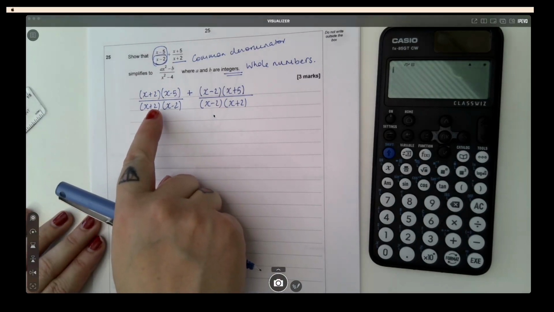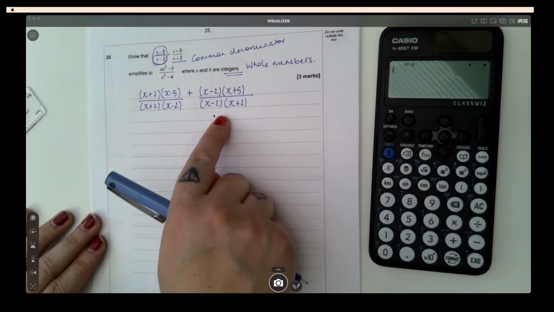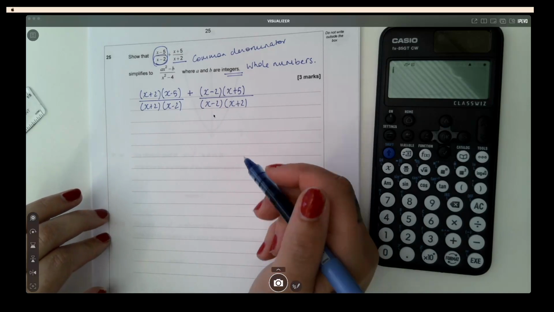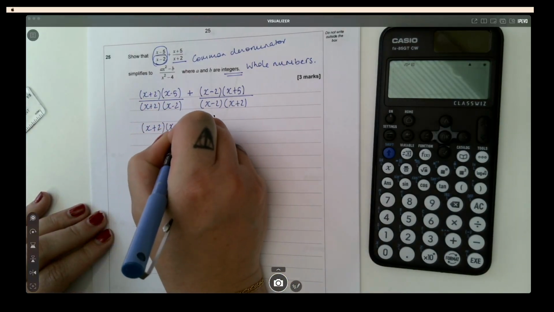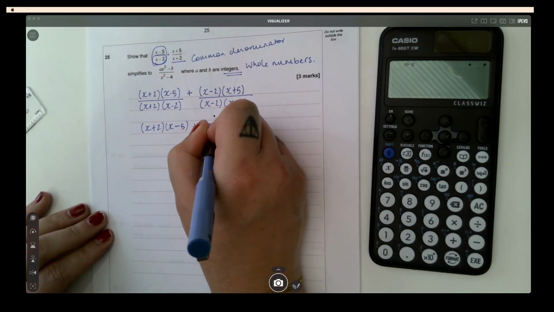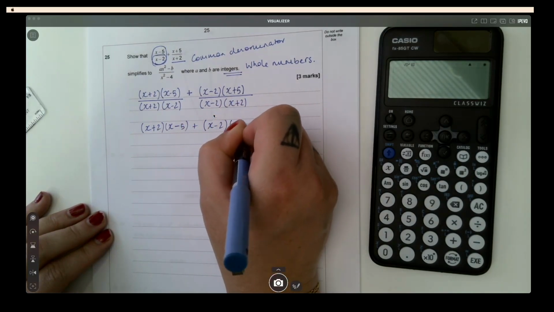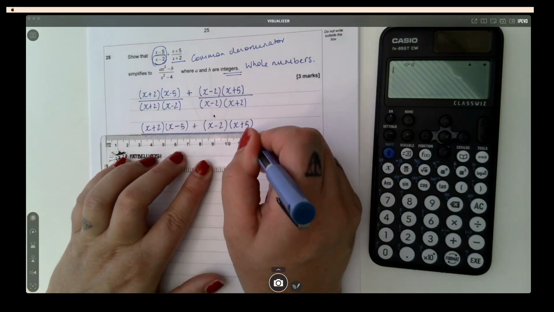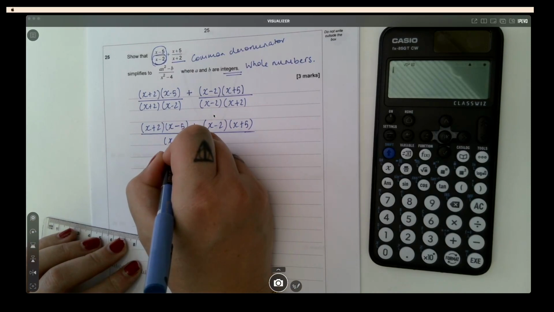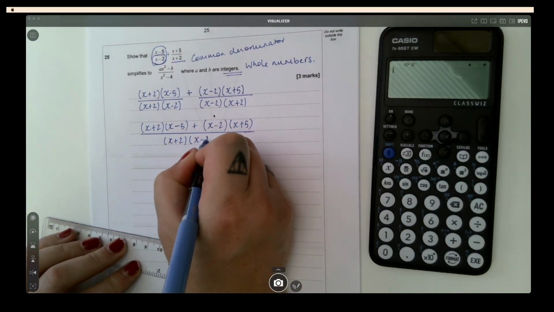Now we have the same denominator for both fractions, so we can write everything as the numerators over that common denominator, which is x plus 2, x subtract 2.